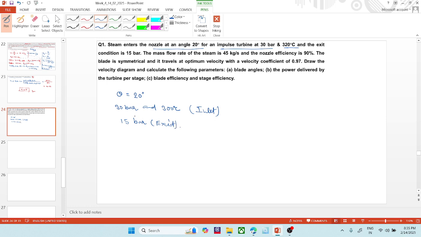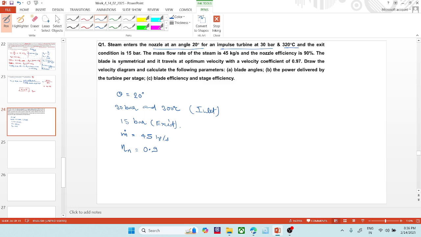Okay, then mass flow rate is provided. M dot is equals to 45 kg per second, with the nozzle efficiency of 0.9.